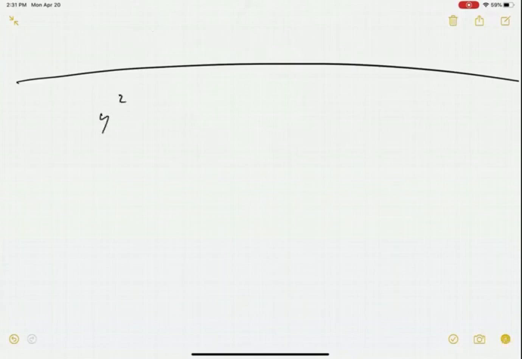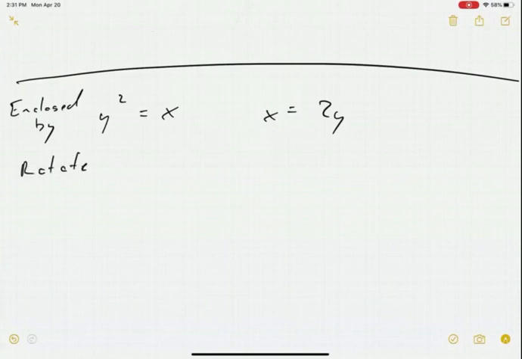We want to find the volume when we rotate the area enclosed by y squared equals x, x equals 2y, around the y-axis.